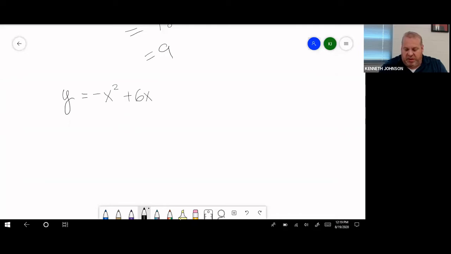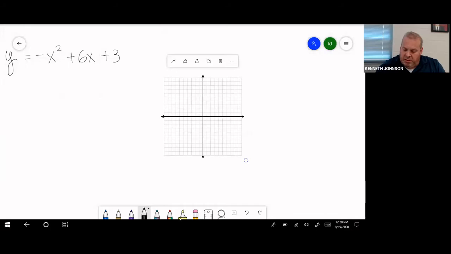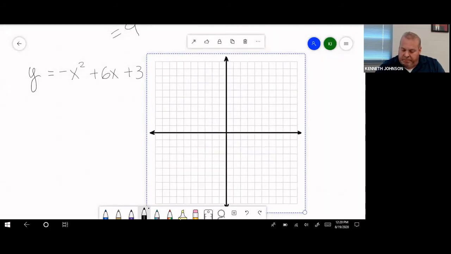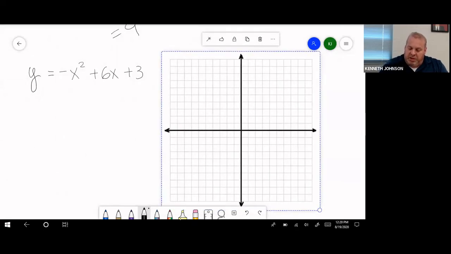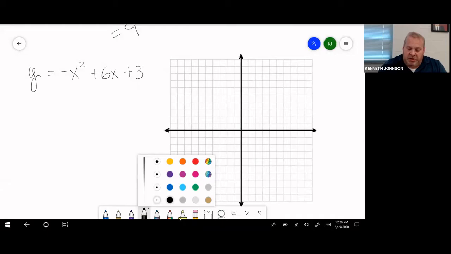Oh, let's do that and that. So y equals negative x squared plus 6x plus 3. All right, so I'm going to throw myself a little graph up here. I need that. So the first thing I do is I find my vertex.